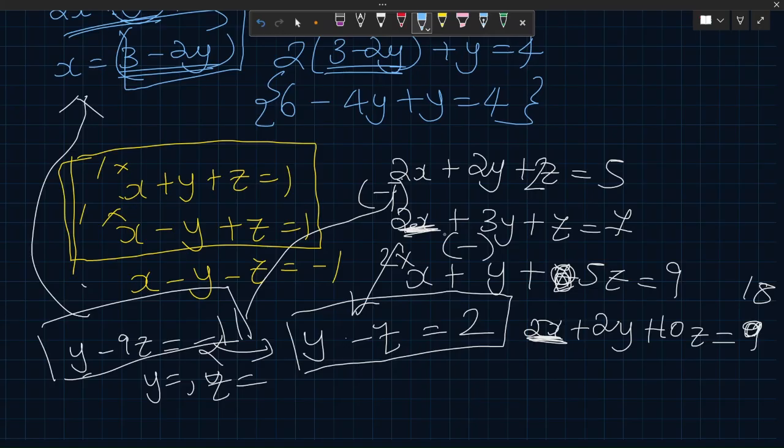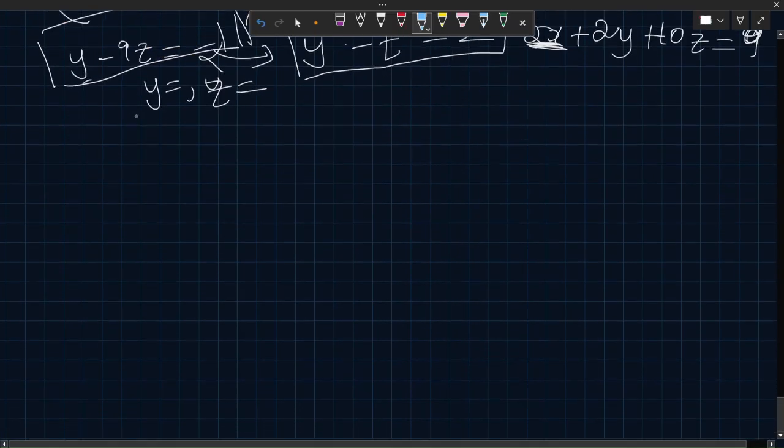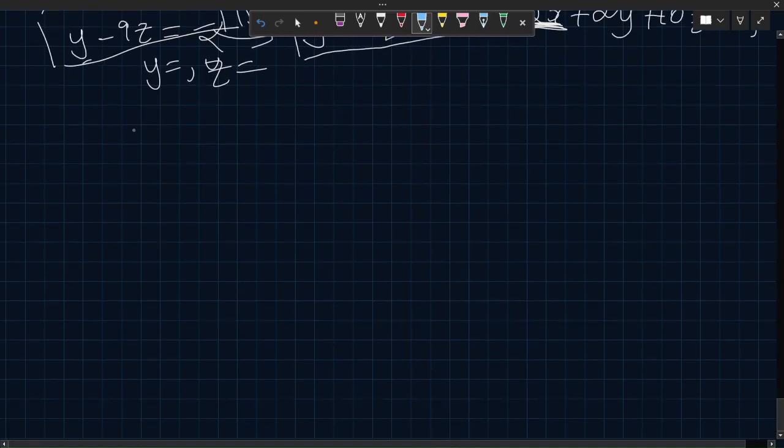So you could keep on doing this in general for n equations in n variables. However, this is a very cumbersome process if you have four equations in four variables or five equations in five variables. You can just imagine the amount of complexity that would be involved. So for n equations in n variables, I'm not discussing it right now.